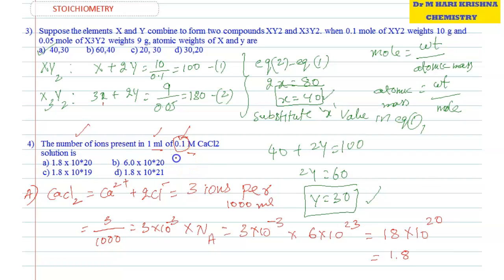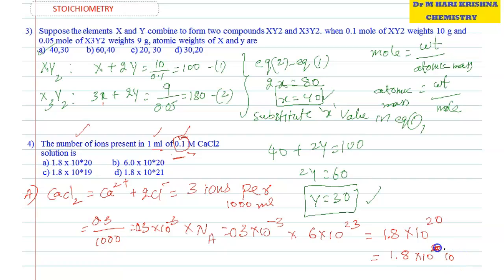But here we have to consider the concentration also, 0.1 molar. In the case of 0.1 molar, that is 0.3. So 0.3 into Avogadro number, so 1.8 into 10 power 20 ions.